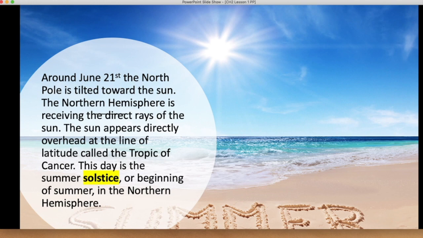Around June 21st, the North Pole is tilted toward the sun. The northern hemisphere is receiving the direct rays of the sun. The sun appears directly overhead at the line of latitude called the Tropic of Cancer. This day is the summer solstice, or beginning of summer, in the northern hemisphere.